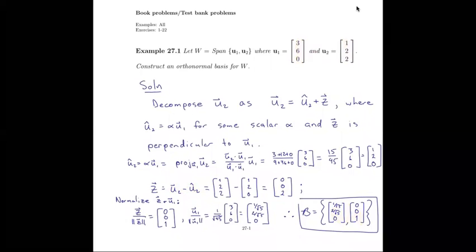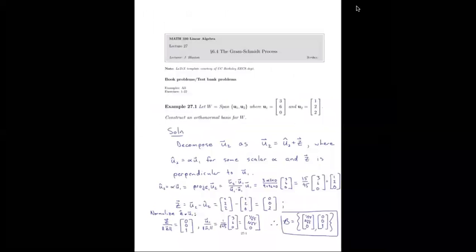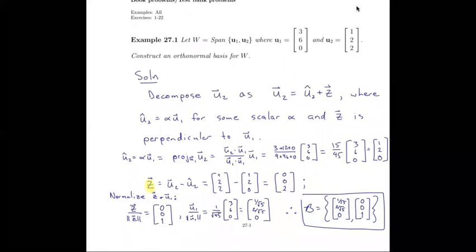Now this will extend to bases with more than two vectors in them. It might be a little bit harder to see that, but at heart, what's happening is that anytime we build a new vector, it's a linear combination of vectors that were previously in the set, right?